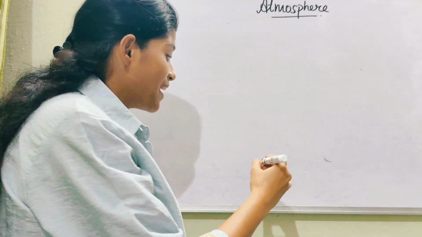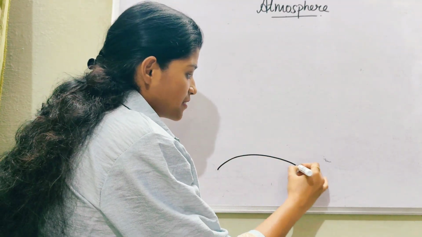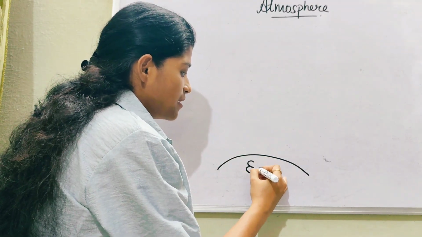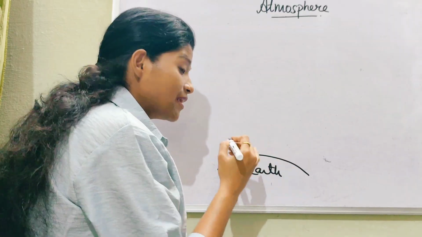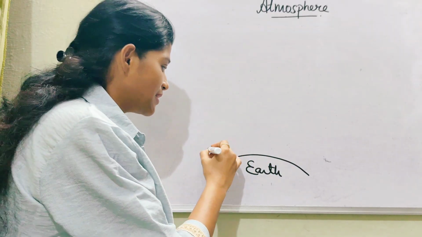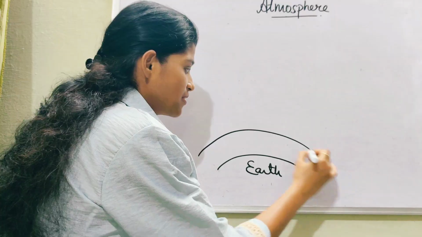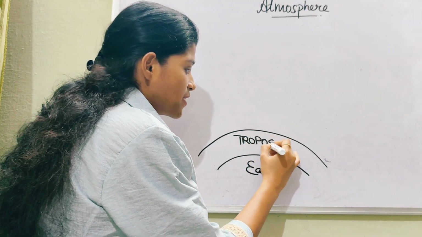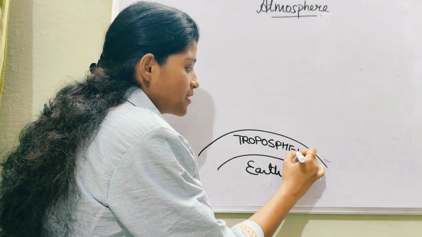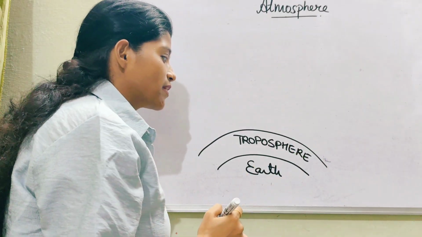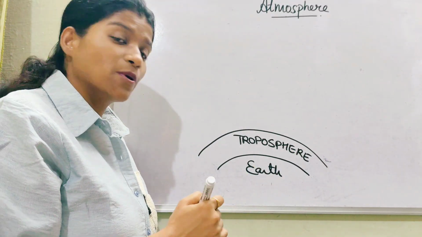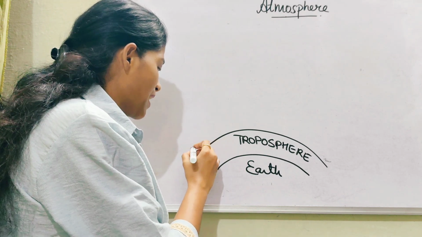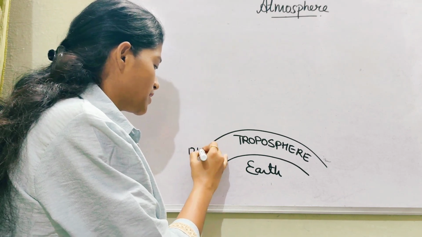Now see that this is the earth. The layer which is closest to the earth is called troposphere. Now troposphere extends to a height of 12 kilometers.